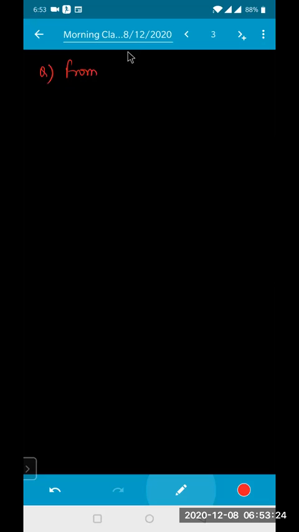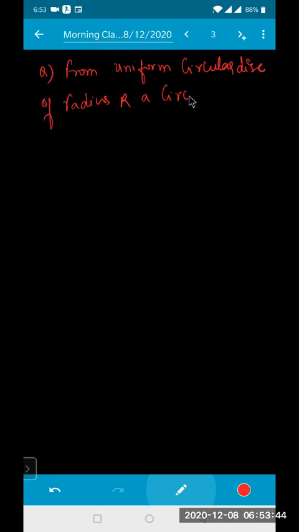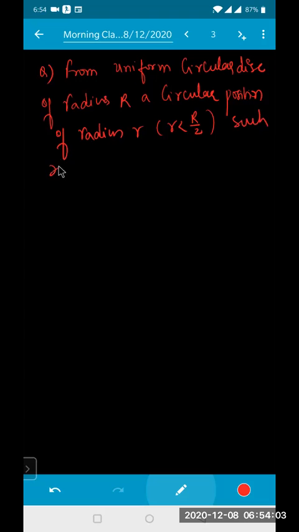From a uniform circular disc of radius capital R, a circular portion of radius small r, where small r is lesser than R by 2, is removed such that the maximum shift in center of mass occurs.